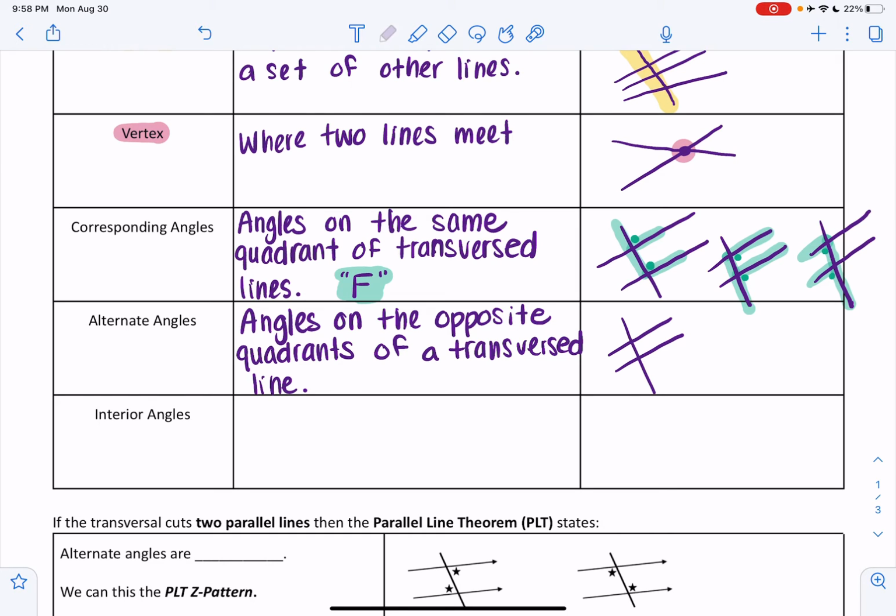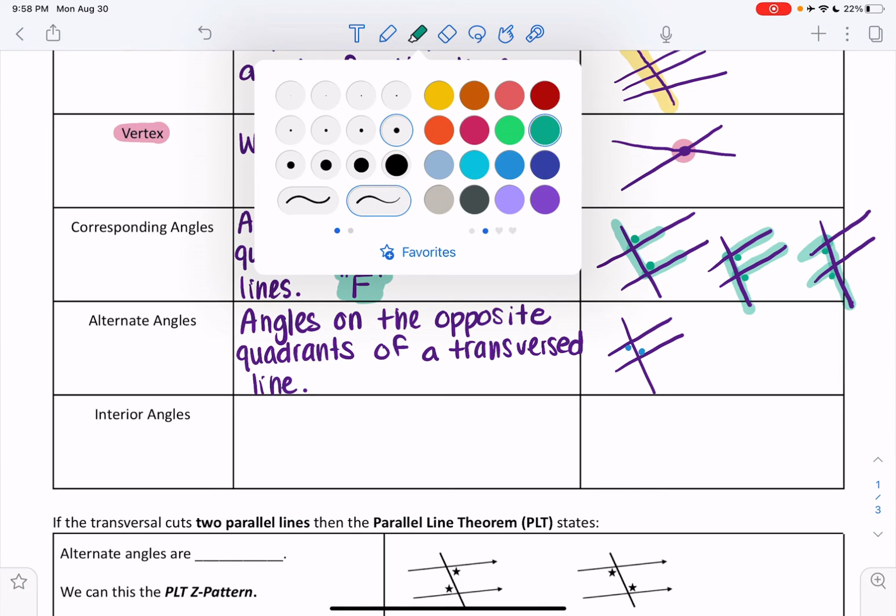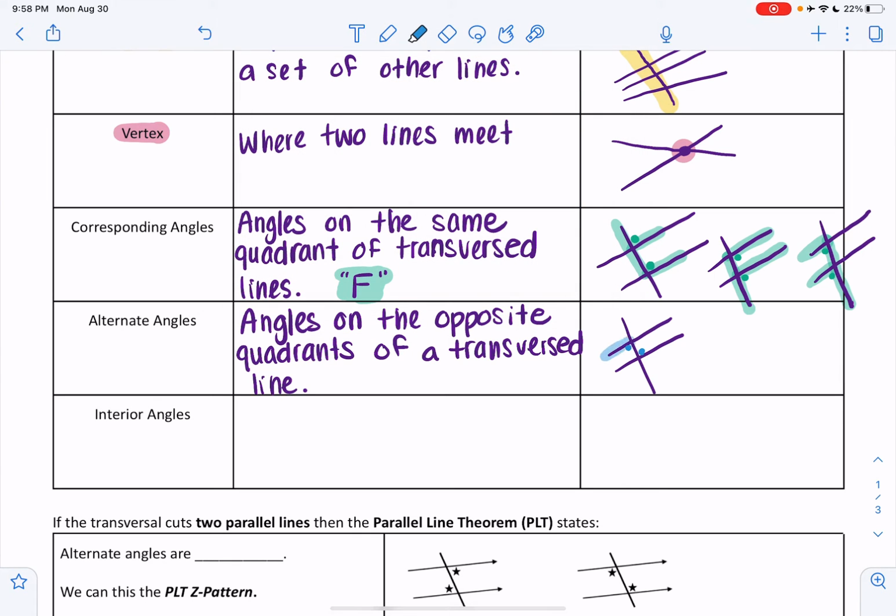Now in this case, my angles are on opposites. So I could have one here and one here. Now this forms a Z pattern like that.